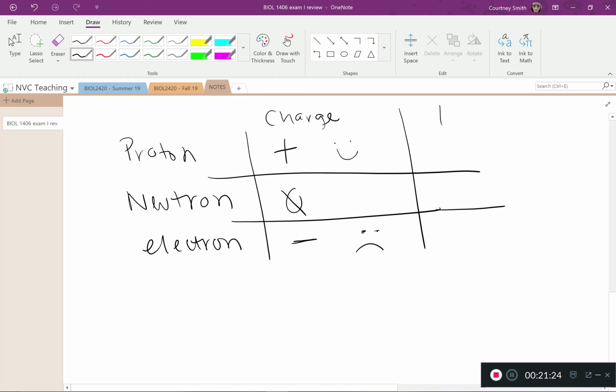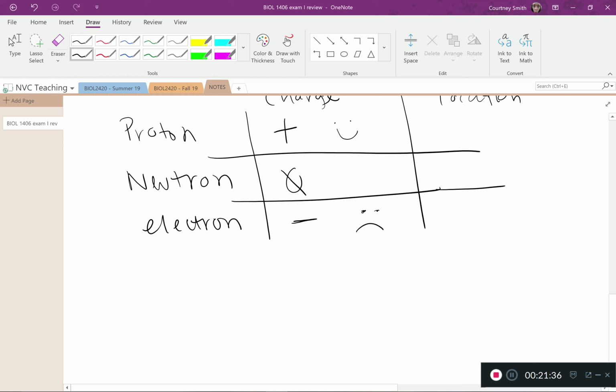Okay, now where are these guys located? So where's their location? Sorry guys, my handwriting is not that good on this. Location: protons and neutrons are found in the nucleus. I spelled nucleus wrong.